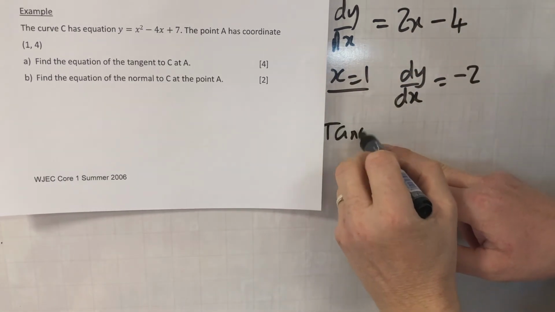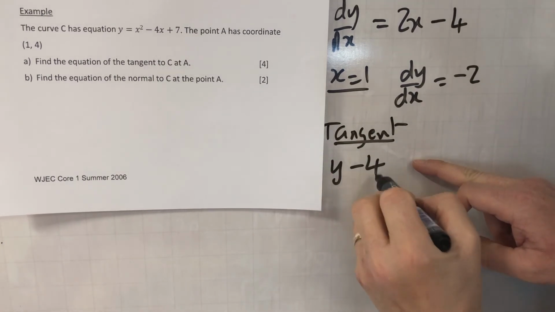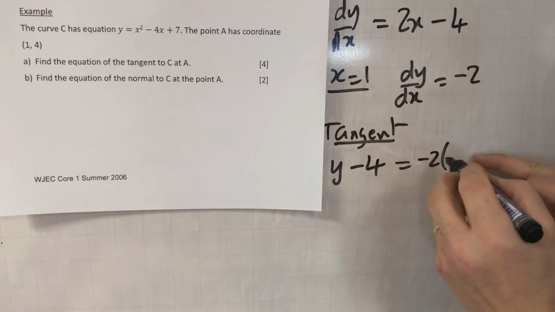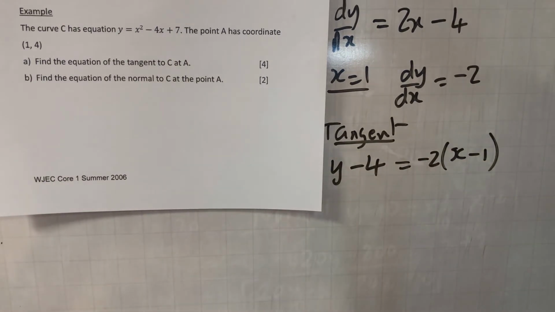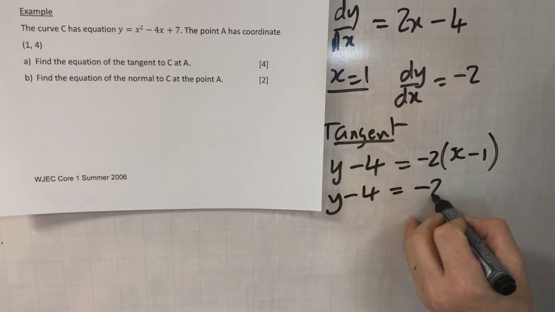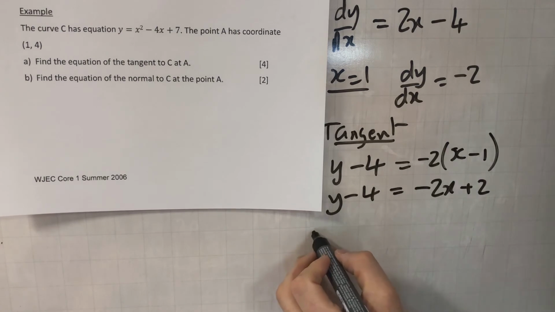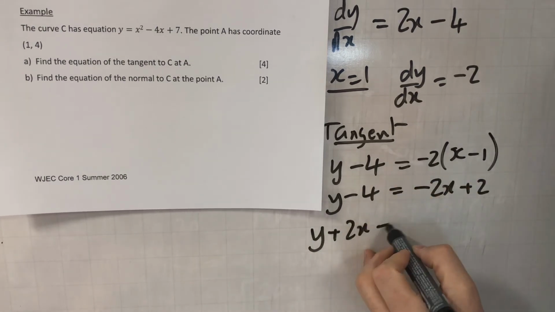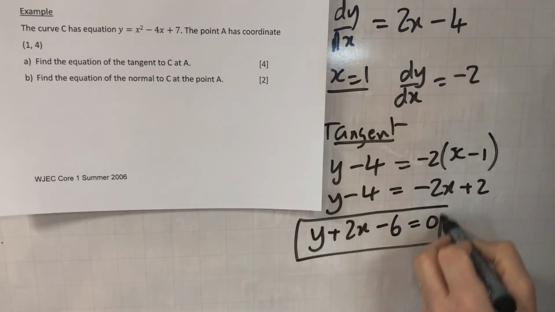So the tangent is y minus 4, because the y coordinate's 4, equals minus 2 lots of x minus 1. Remove the bracket. And again, move everything across. So y plus 2x minus 2 becomes minus 6 with the minus 4 equals 0. And there's your tangent.